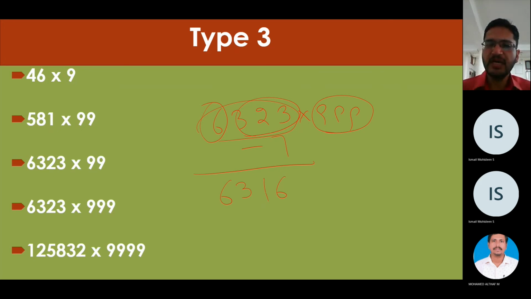In the third step, I will find the complement of 3, 2, 3, 9, 9, 10. That is 6, 7, 5. Sorry, last is 7. 6, 7, 7. So the answer is 631667.